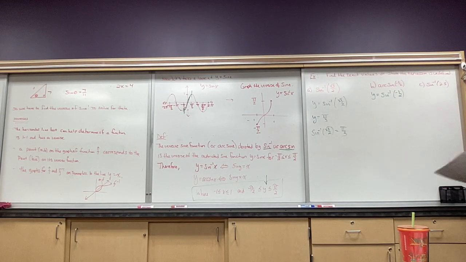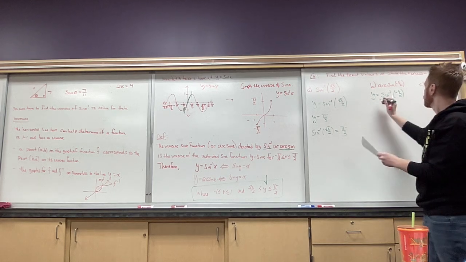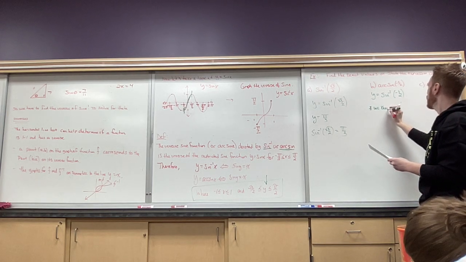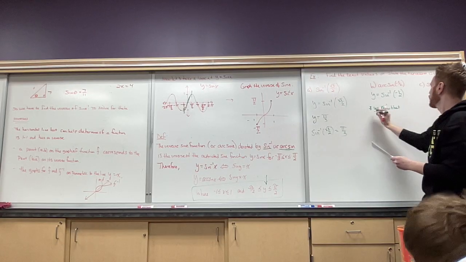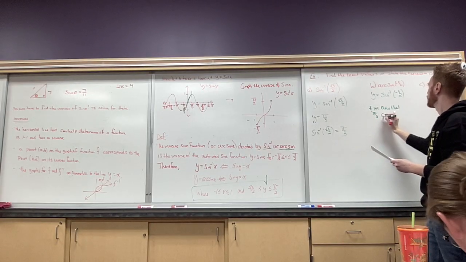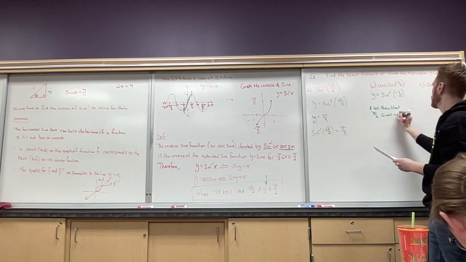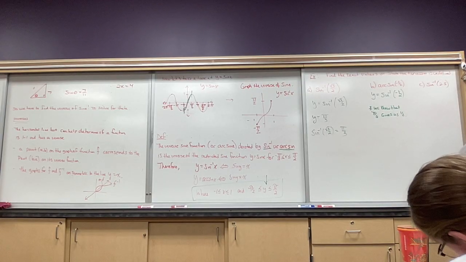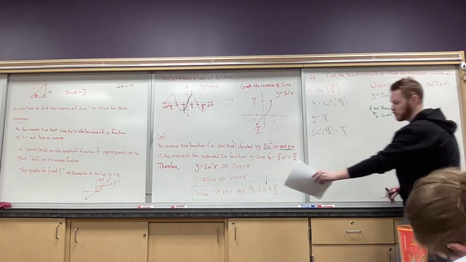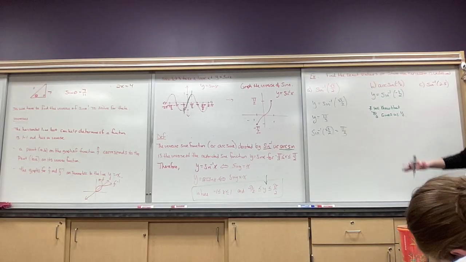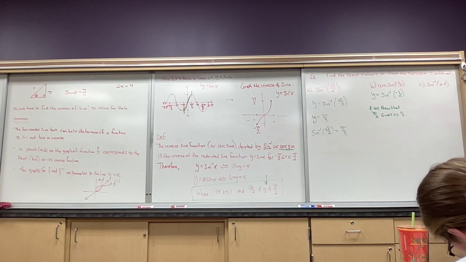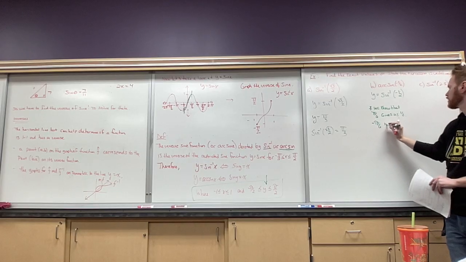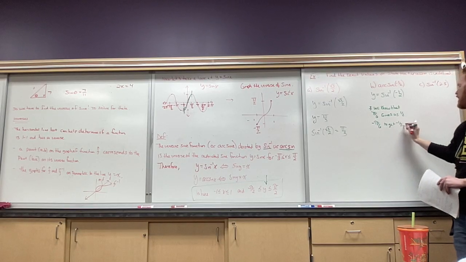If you want to put a little small note: we know that pi over 6 gives us 1/2. We do know that. But because it's negative, and because I'm trying to keep within my restriction here, which is the first and fourth quadrants, I know I'm looking at negative pi over 6 to get -1/2.